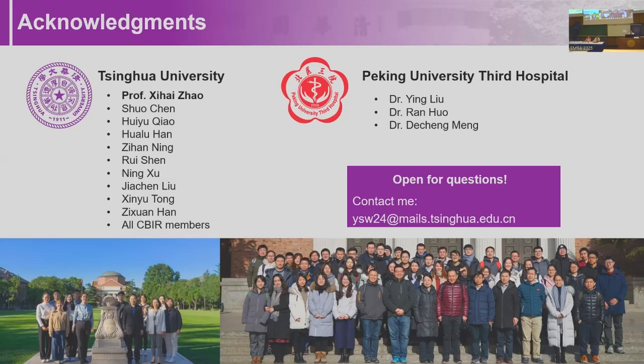I'm sorry that due to the time limitation, I didn't clarify the definition of PVAT. Actually, in PVAT analysis, we expand the outer boundaries of the vascular wall by a factor of 2, then the area between the original and magnified boundaries was identified as the region of interest, and the PVAT was identified as the fat tissue in the region of interest.